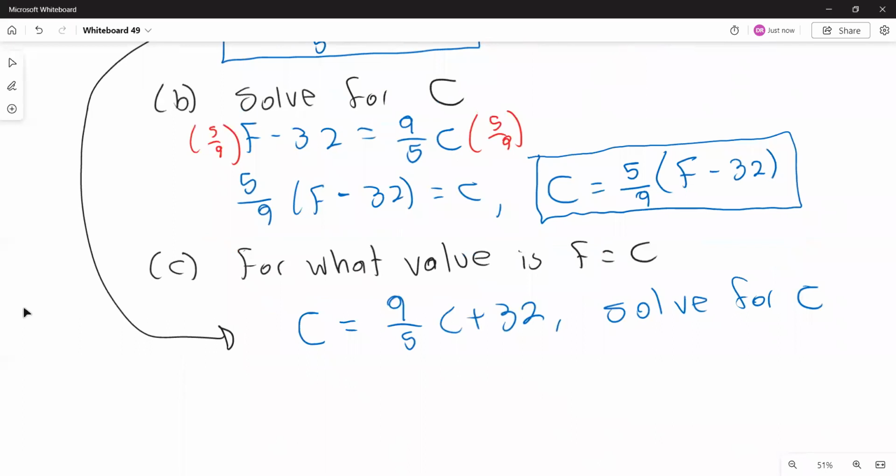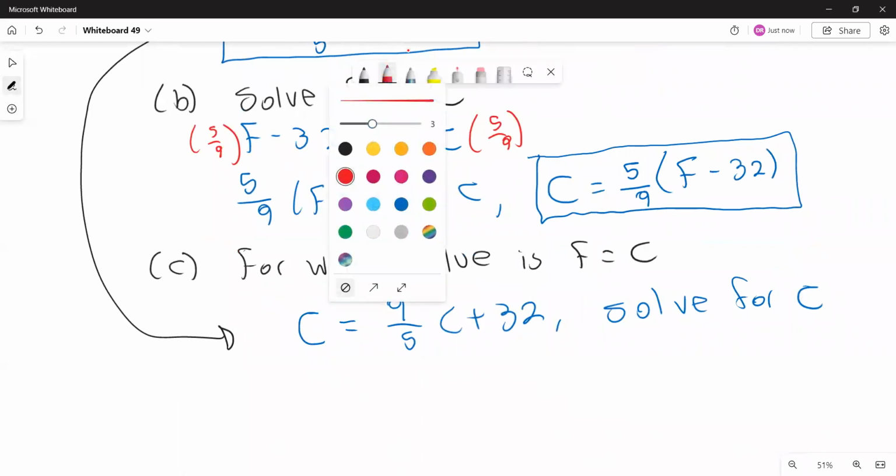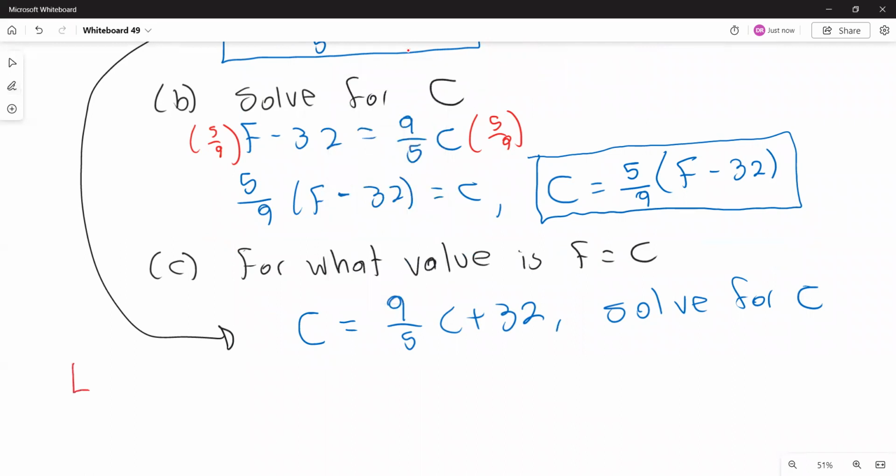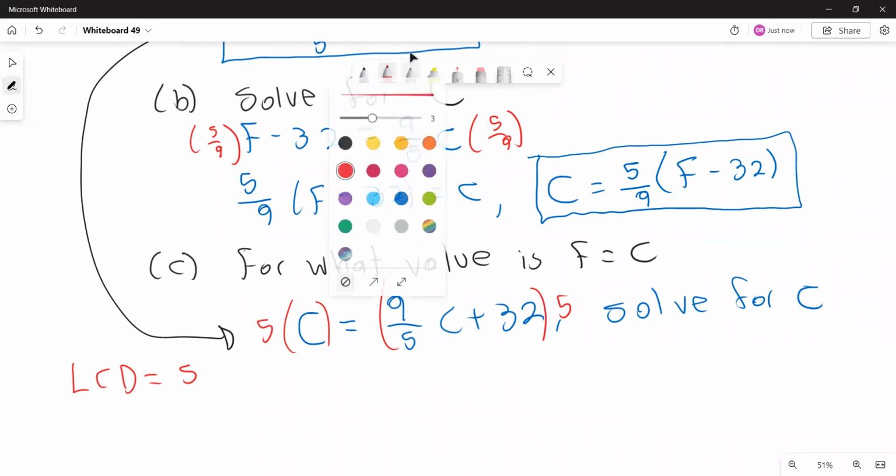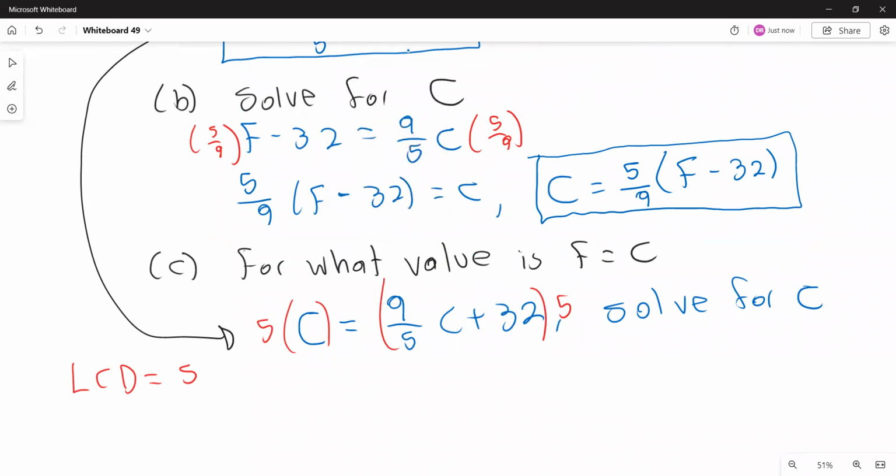This equation involves fractions. If you want to avoid fractions, you can just multiply by the least common denominator, which is 5. So 5C equals 9C plus 32 times 5, which is 160.